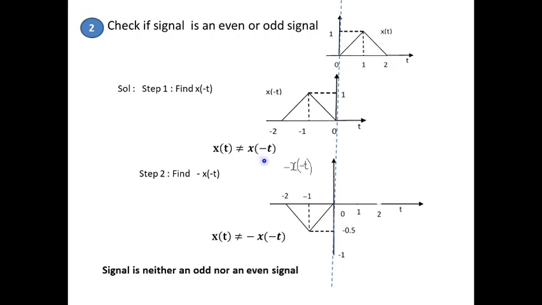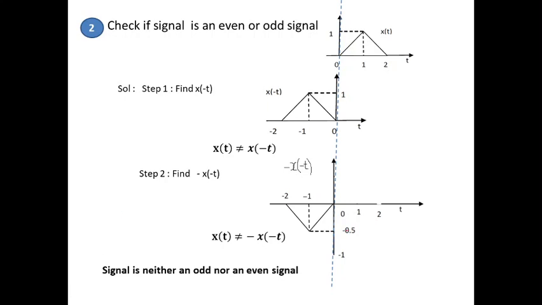However, next we have to see whether it satisfies the condition for odd. So we have to find minus x of minus t, that is, the amplitude of x of minus t is multiplied by minus 1. Whatever you have here, 1, if you multiply the amplitude by minus 1, you will be getting minus 1. So here it is actually minus 1.